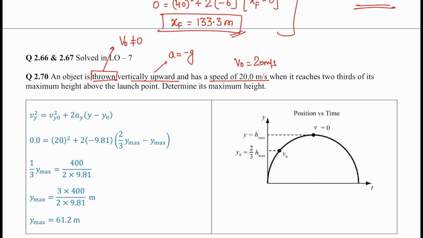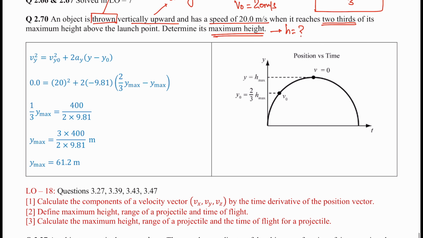When it reaches 2/3 of its height, so can I say h initial is equal to 2/3 of h. Do you understand? 2/3 of h above the launch point. Determine the maximum height. So what we need to find? h. Do you understand? Okay, simple equation. Apply this and solve it.